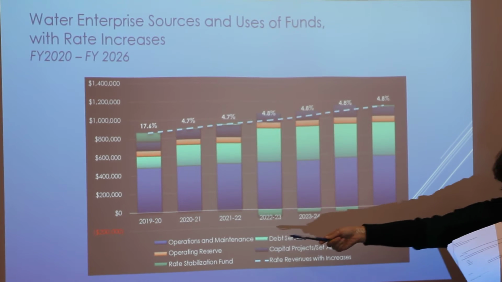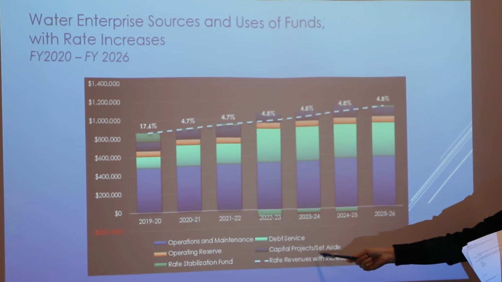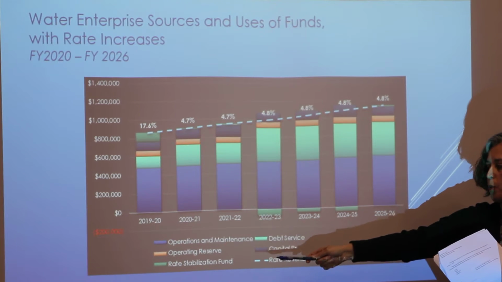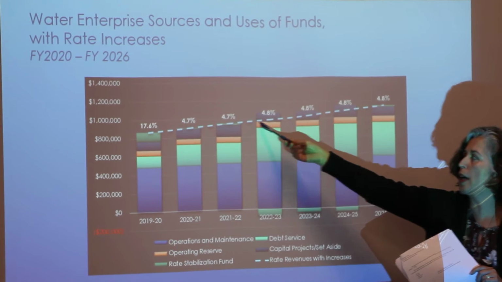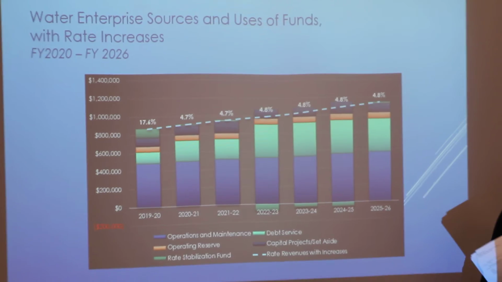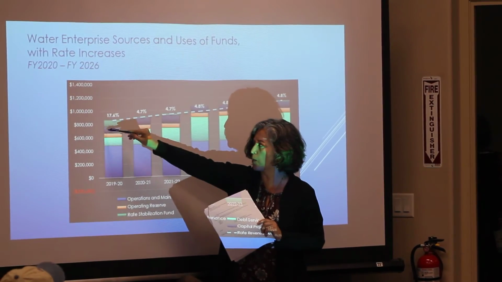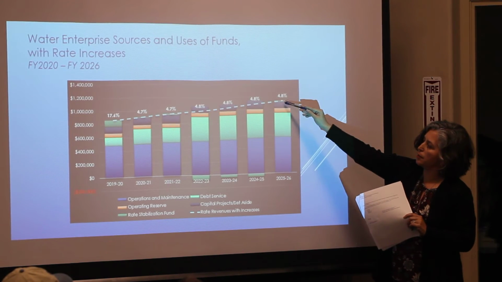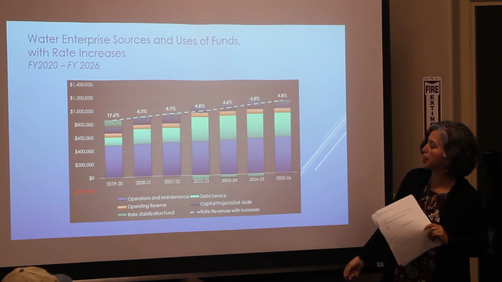The expenses include operations and maintenance, debt service, operating reserves, the capital project set-asides, and a rate stabilization fund, which I'll explain in a minute. And this blue line is the projected revenue with the increases, going from about $800,000 with this proposed increase up to about $1.1 million.